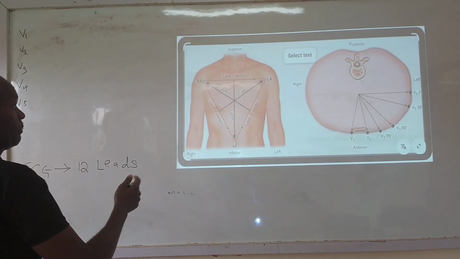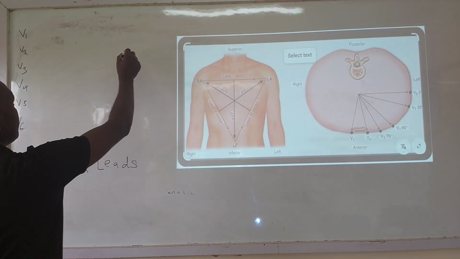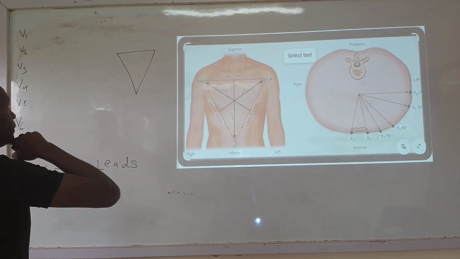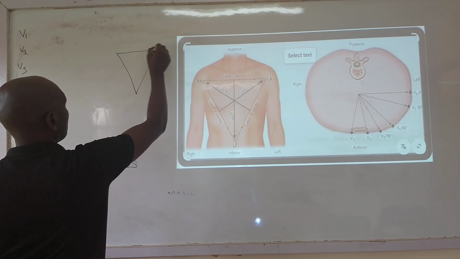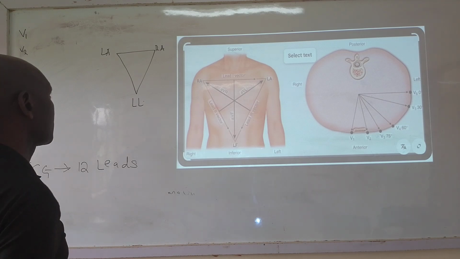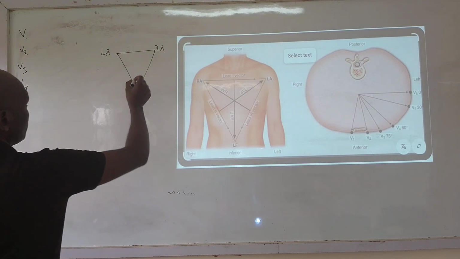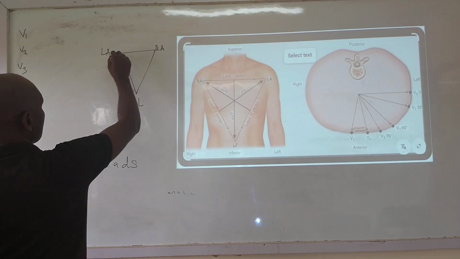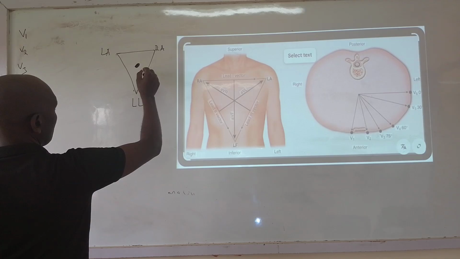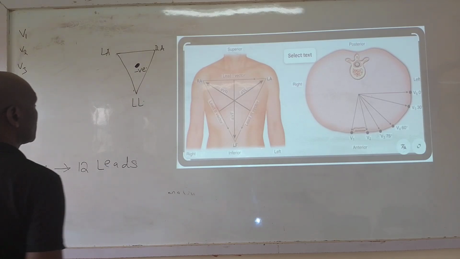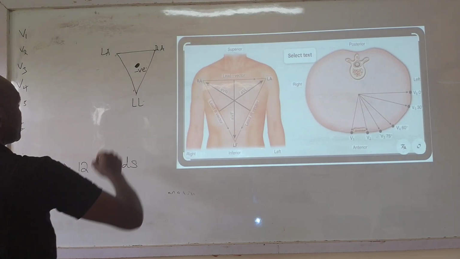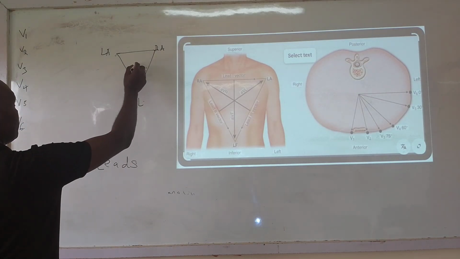So what normally happens is that when you have this triangle here, the Einthoven's triangle with the standard limb electrodes, with the left arm, then there's the left leg, you get the average of this, and this, then you get our electrode here, which is now a negative one. So that's the first step. An average of these 3 gives us a reference point here.